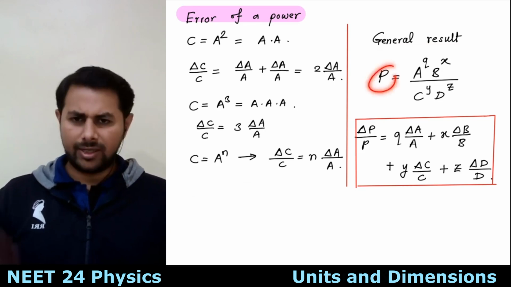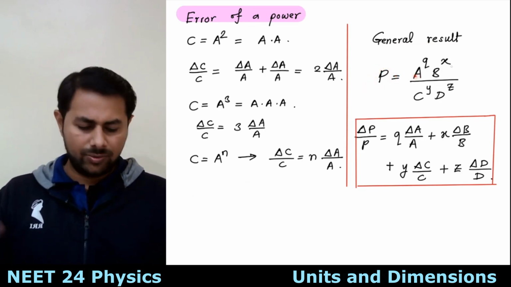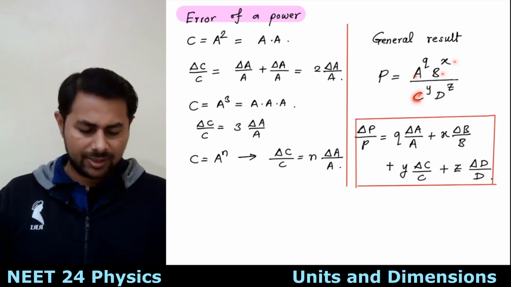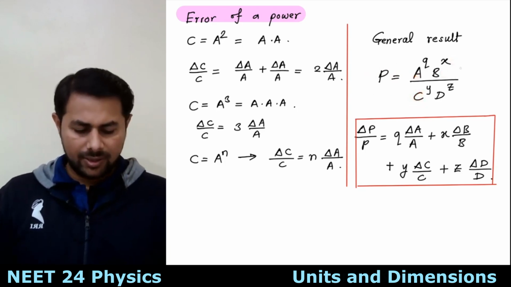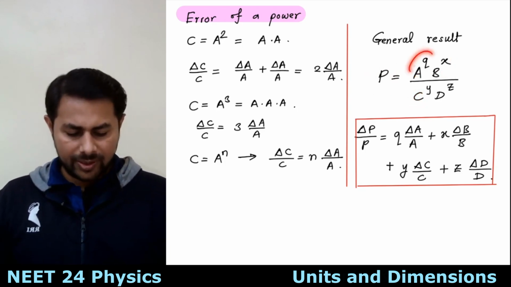Very good. And then you have a general result like this. Suppose some quantity P is A raised to q, B raised to x, divided by C raised to y, D raised to z. Then what will be the relative error in this quantity?